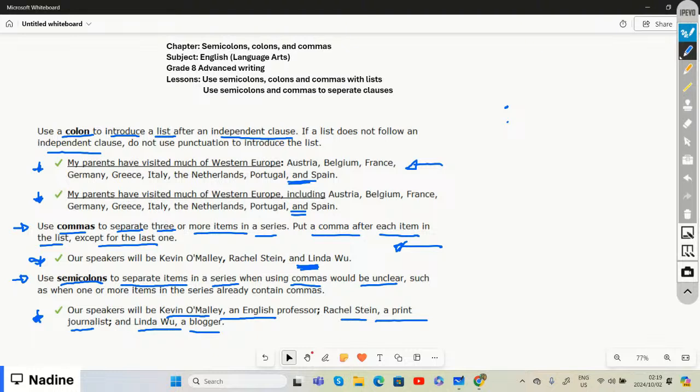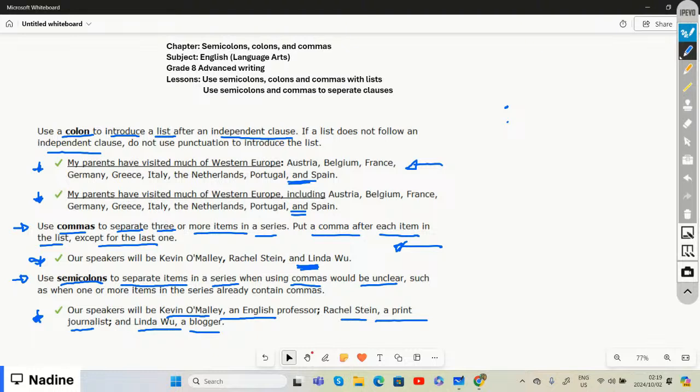And then lastly, we have our semicolons. We use semicolons to separate items in a series when using commas would be unclear, such as when one or more items in the series already contain commas. Here they gave an example: our speakers will be Kevin O'Malley, an English professor; Rachel Stein, a print journalist; and Linda Hu, a blogger.